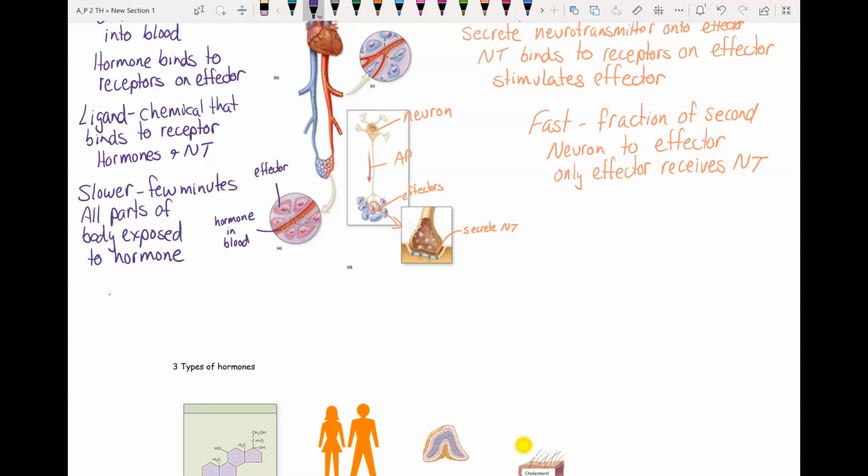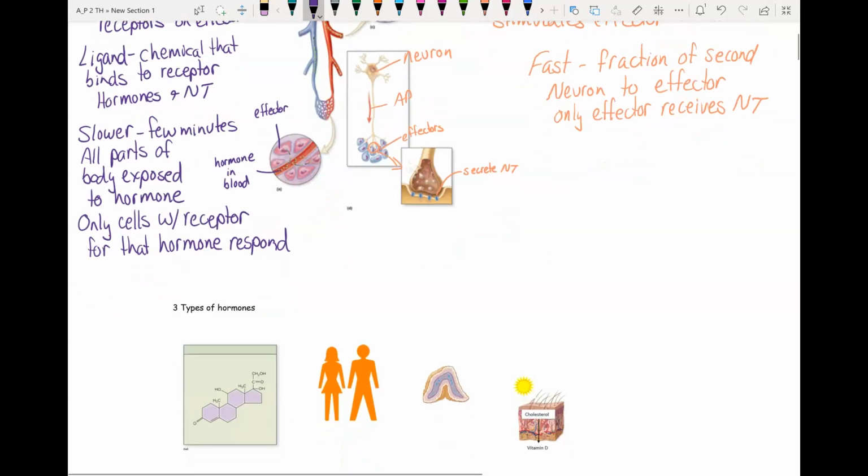Only cells with the receptor for that hormone will respond to it. So any cell that does not have a receptor for that particular hormone is just going to ignore the hormone, even though it's being exposed to it.